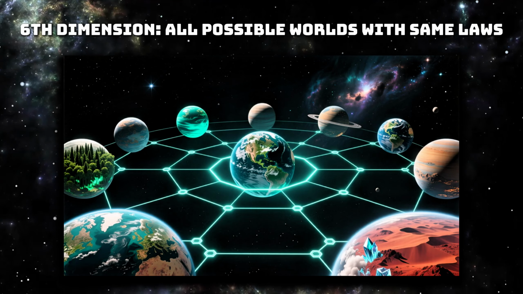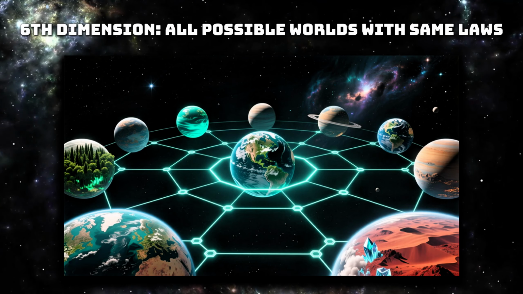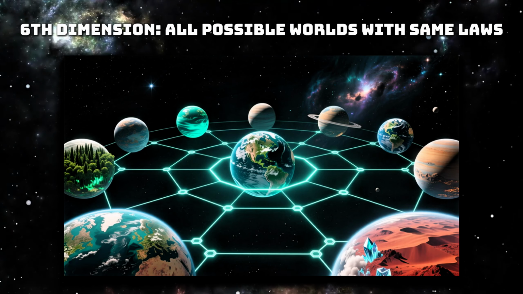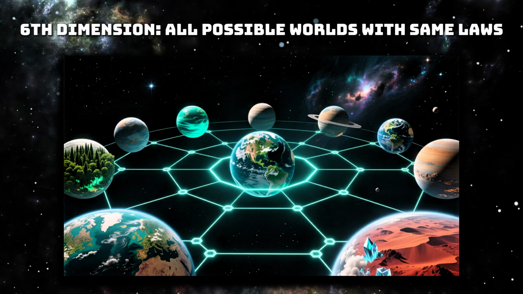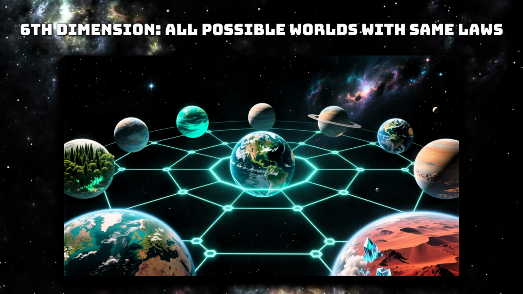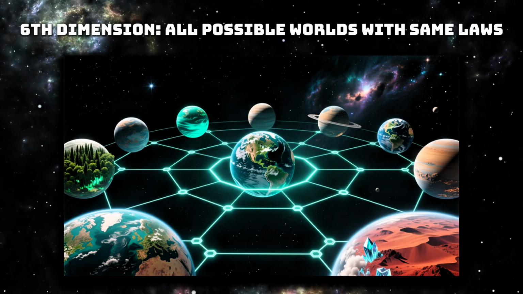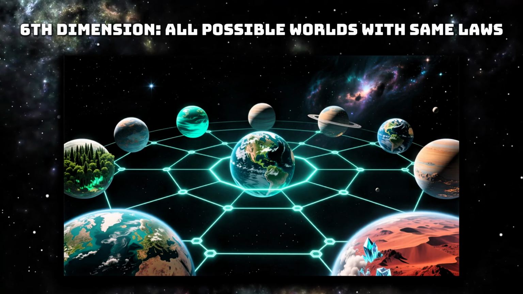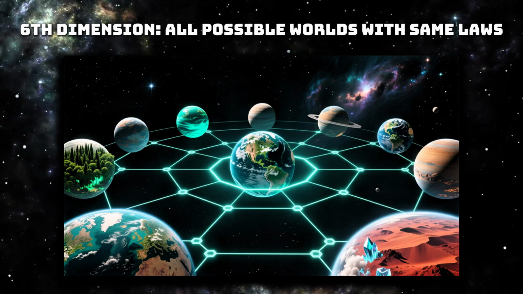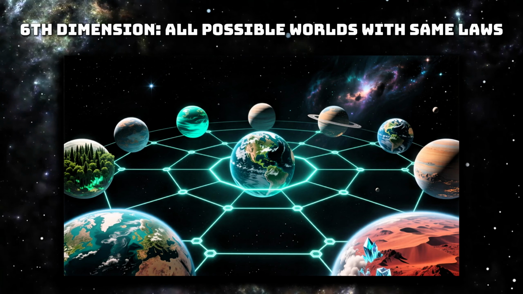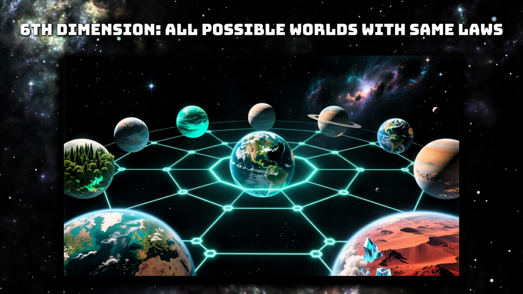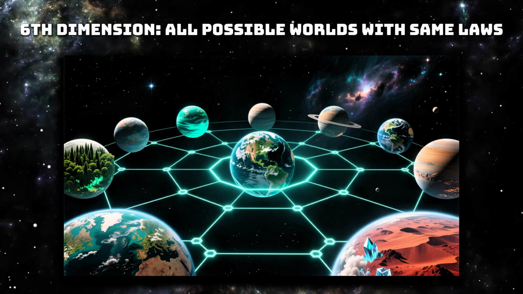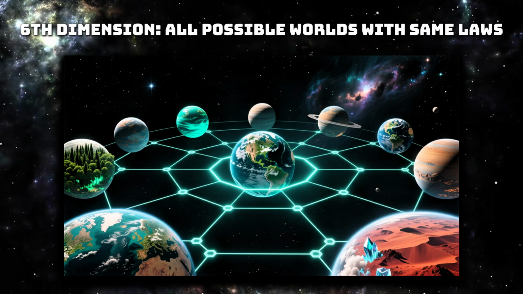Same physics, infinite worlds. What makes the sixth dimension distinct from the fifth is the scope of possibility. 5D gives you alternate timelines of our universe, different outcomes of the same starting conditions. 6D gives you alternate universes that share the same laws but have different starting conditions entirely.